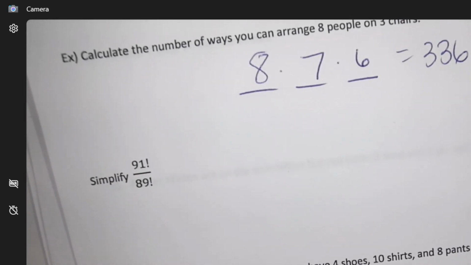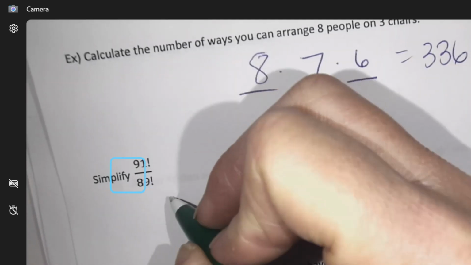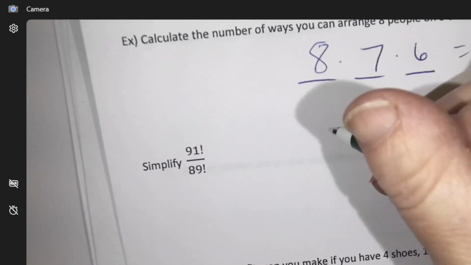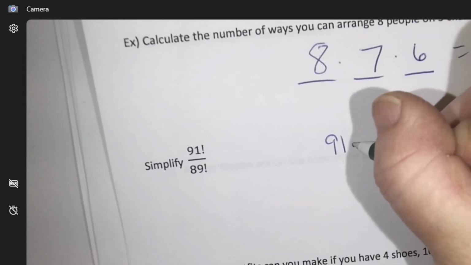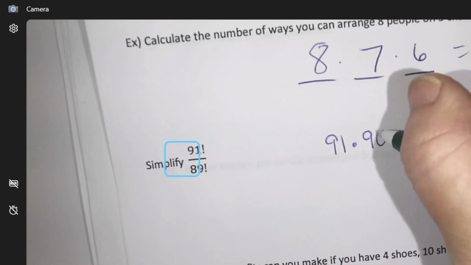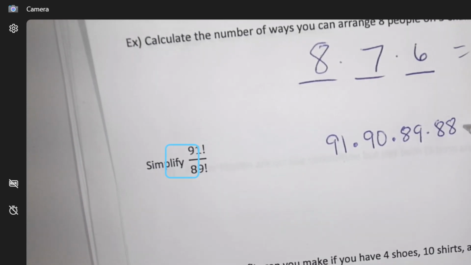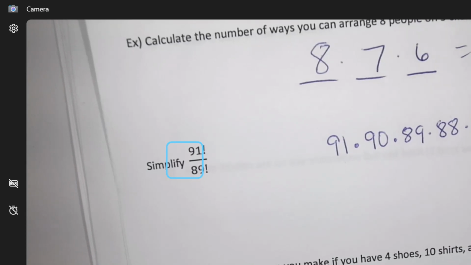Okay, simplifying this, so factorials. When you're working with factorials, you always want to work with the bigger one. So I'm going to go 91 and then times 90 times 89 times 88 times, like this would just keep going, right?